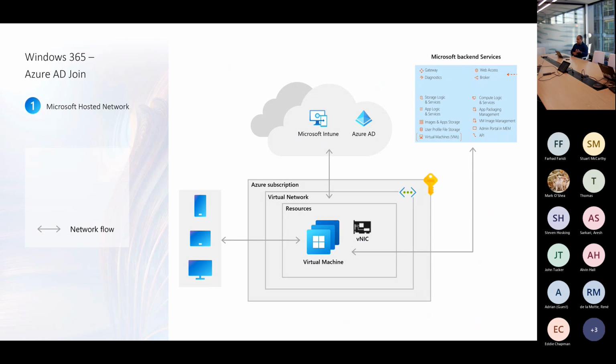The Azure subscription is managed and maintained by Microsoft, the virtual network, the resource which is your virtual machine, the network which is running the Windows 365, all of that is managed and maintained, with all the boxes that you see layer after layer, by Microsoft. All you do is have a client, log into your Windows 365, and this particular type of desktop is called a Microsoft hosted network or Microsoft managed network.